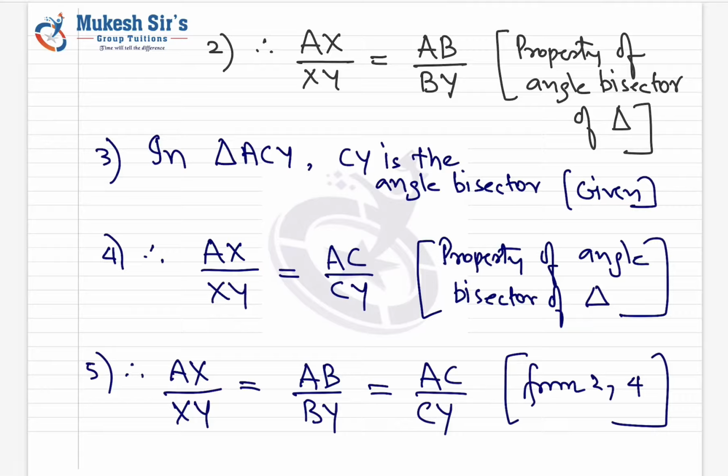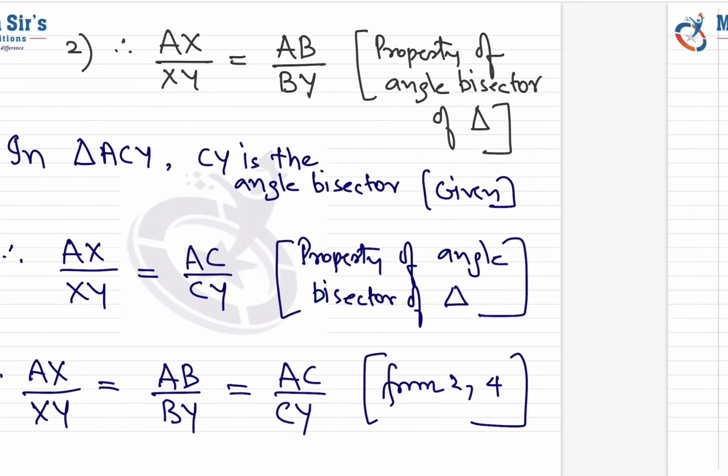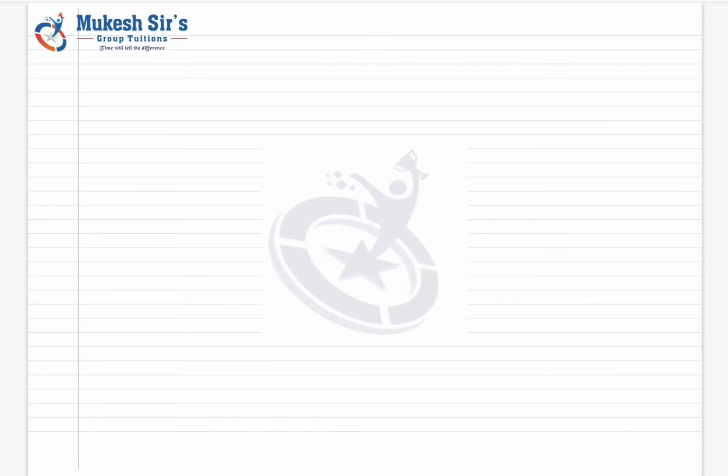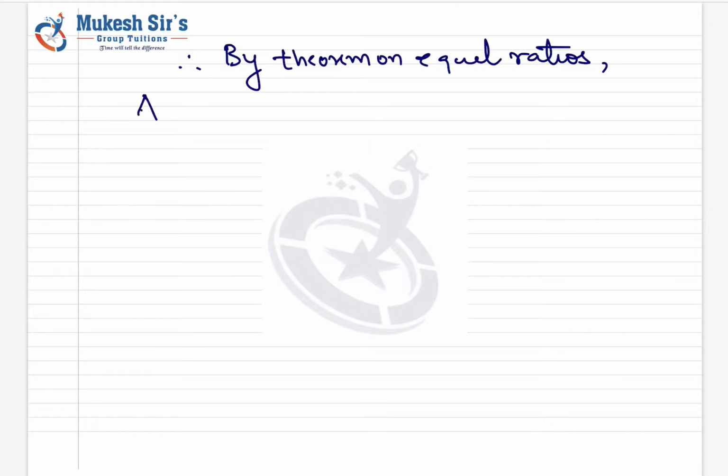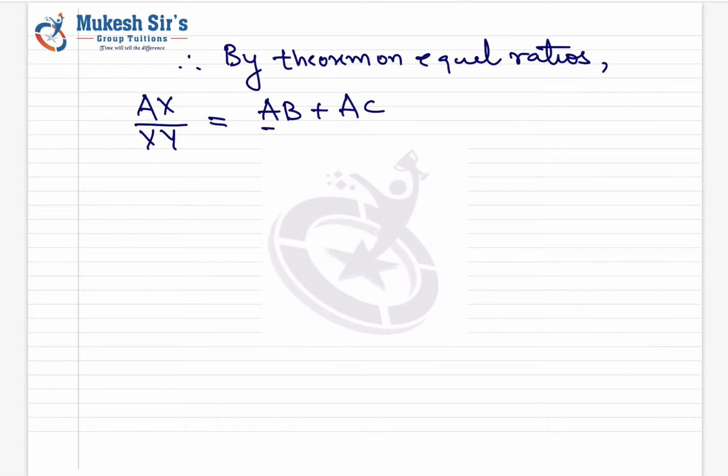Now for the answer I want BC. So for BC I add these two terms now. If you add BY and CY you get BC, right? So I can use the theorem on equal ratios. Therefore, by theorem on equal ratios I can say AX upon XY is equal to the numerator plus numerator of the second and third ratio upon denominator plus denominator, BY plus CY.